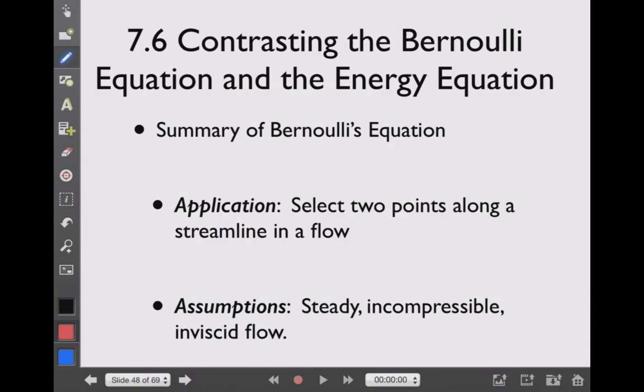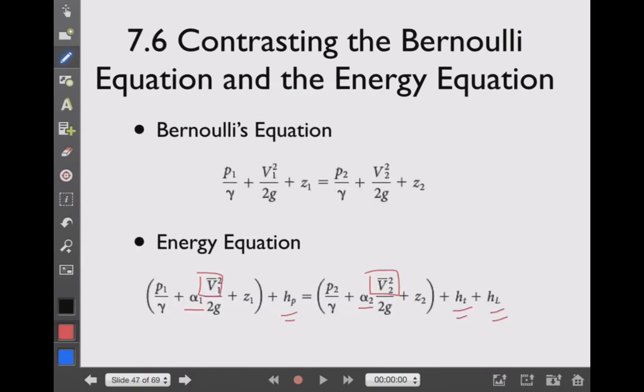And if we think back, this equation was really derived through the use of Newton's laws, and we applied them along a streamline. And so this was really a very different way than this, where we use the first law of thermodynamics.